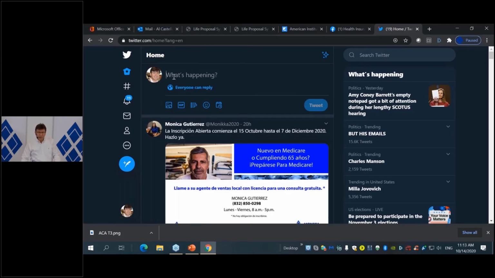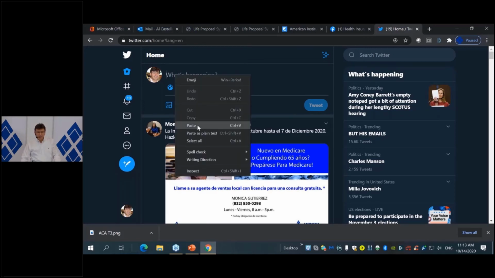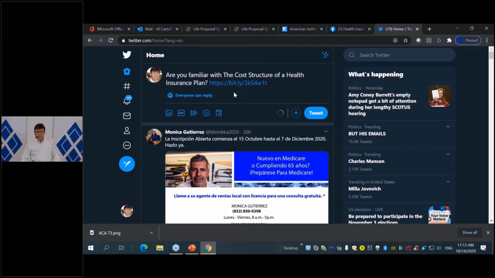Now, remember, I just mentioned that if I paste, you see the bit.ly shortener is there, but Twitter does not understand it. Okay, so it doesn't pay attention to this part here. It does not bring in the image associated with this bit.ly shortener. So what I have to do is click here on this little image.